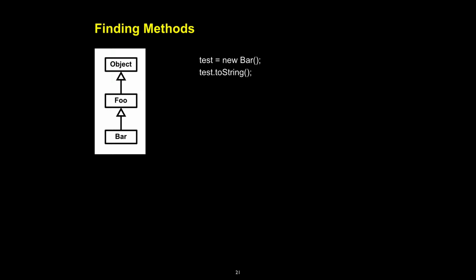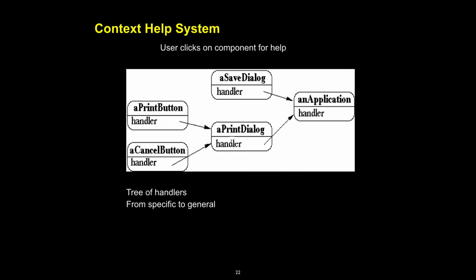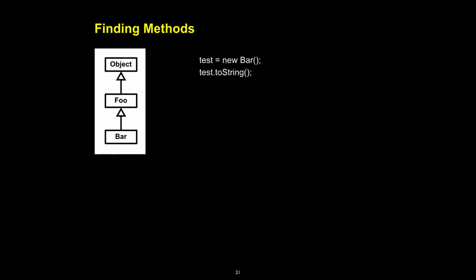So in the chain of responsibility, you build up this chain and ask the first thing to do it, but the chain may not handle it. Same thing with the help system: you ask the question, and no one may know about it, so the answer is, don't know. In this case, if it's not there, you get a runtime error.